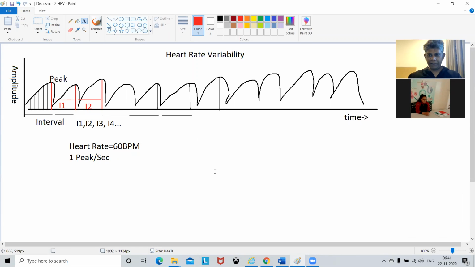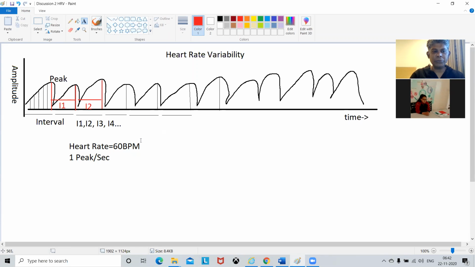I2, I3, I4, all are well spaced. After every 1000 milliseconds, one peak is appearing. They have no time difference and no lag.